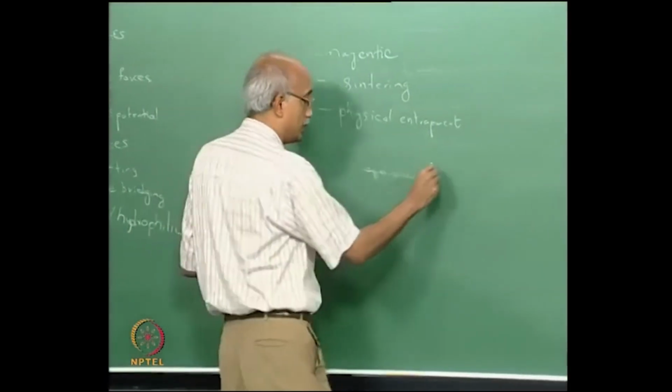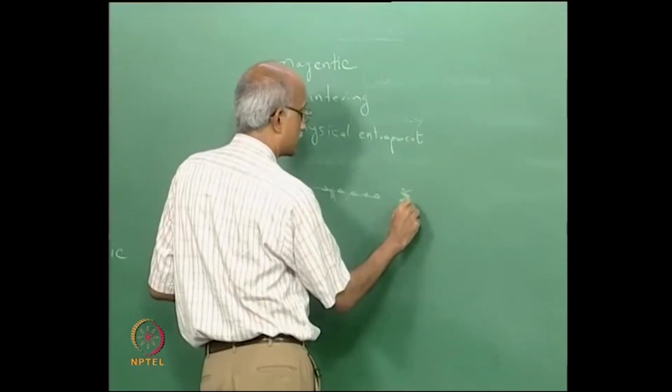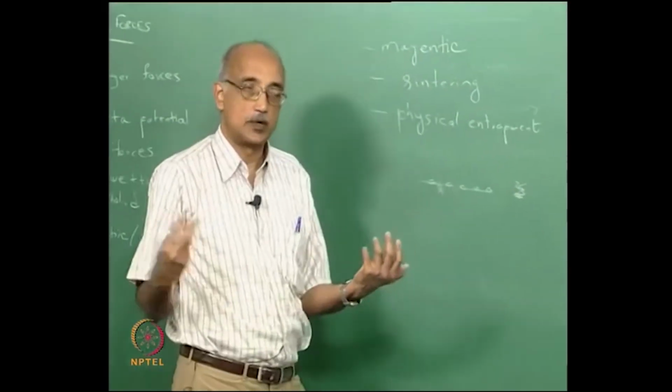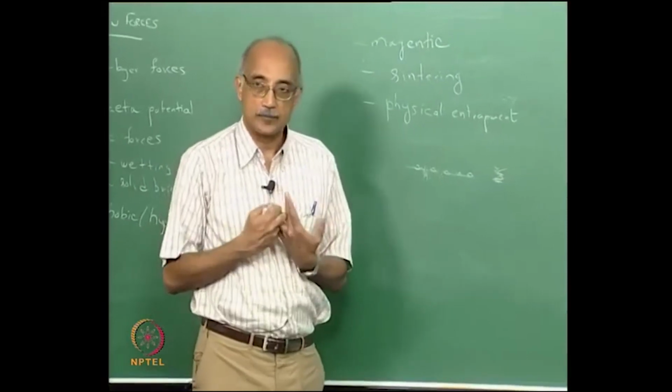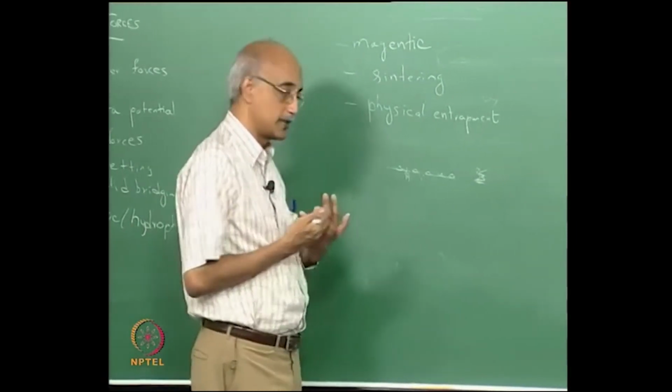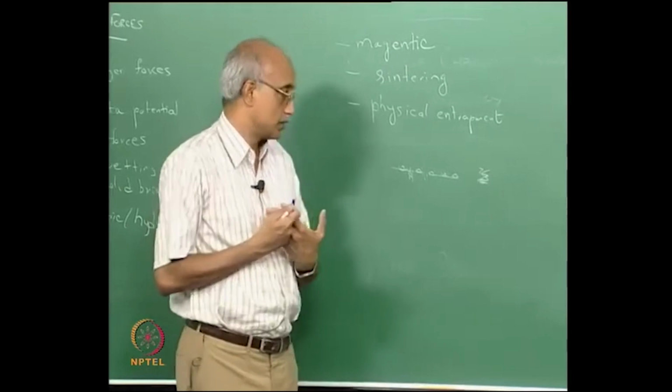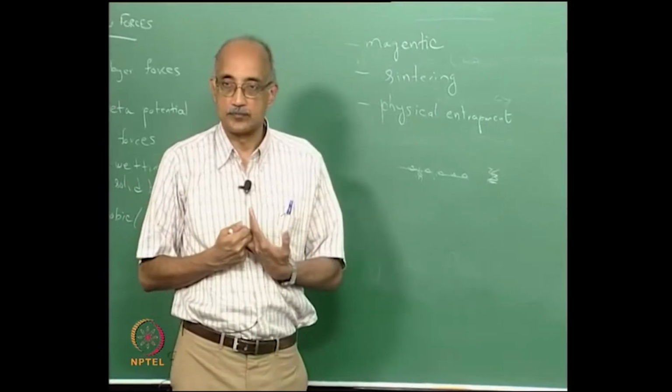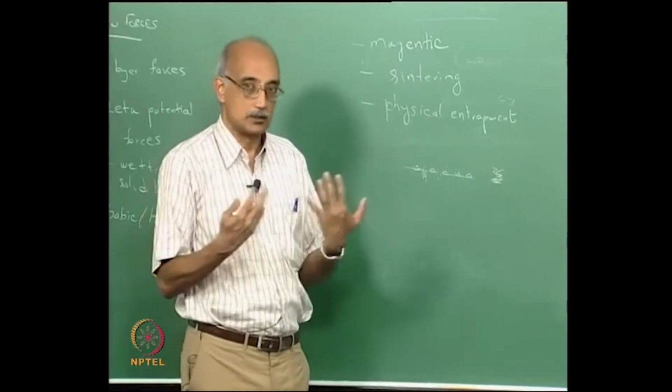Another example would be matched roughness elements. If two surfaces are brought together in such a way that their roughness asperities are used to interlock them together, that would be another physical entrapment.